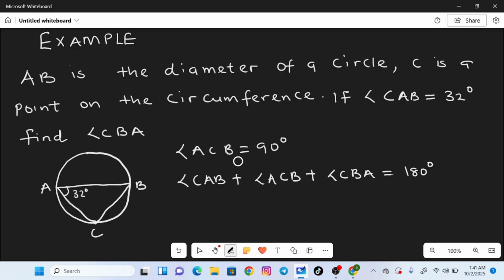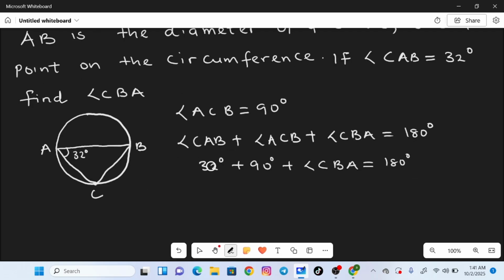Let us substitute this and this into this equation. So 32 degrees plus 90 degrees plus angle CBA equals 180 degrees.